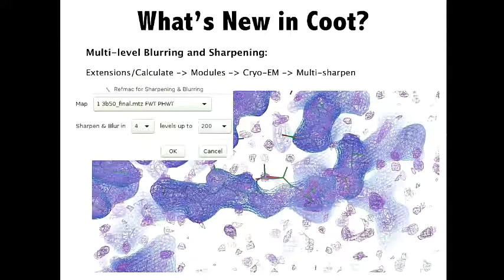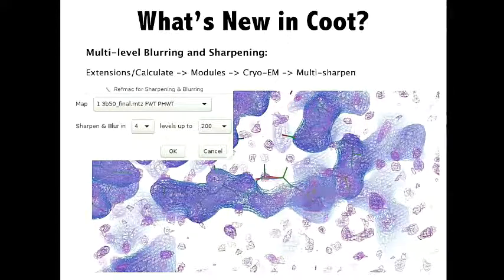We've also got multi-level blurring and sharpening. So in the extensions menu, or the calculate menu in the new experimental version, if you go into modules and then cryo-EM module, although I don't think you specifically need to be working with cryo-EM structure, you can have this multi-sharpen option, in which case it will use REFMAC, not Coot, for the sharpening and blurring.